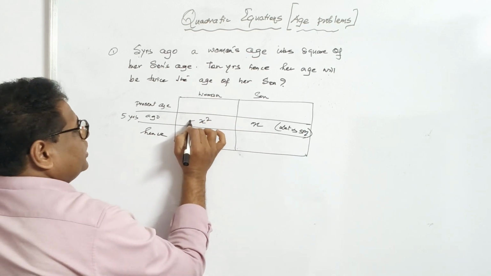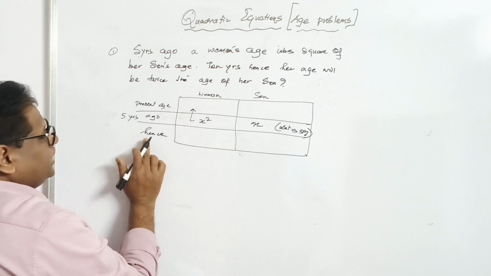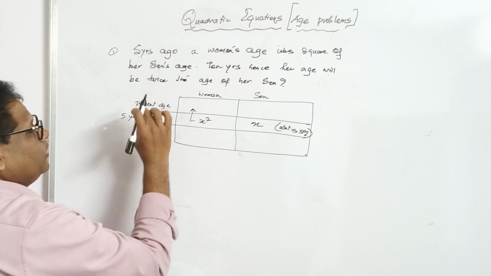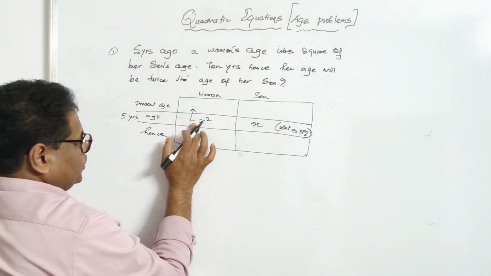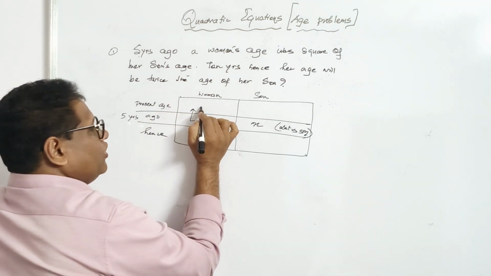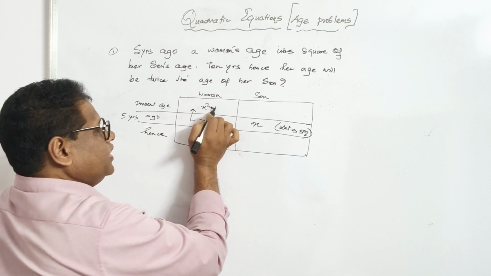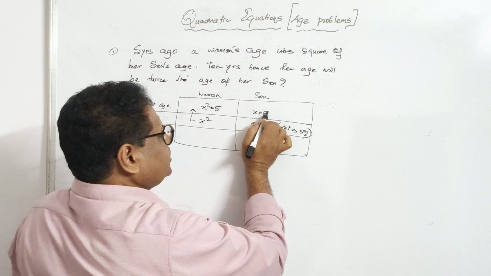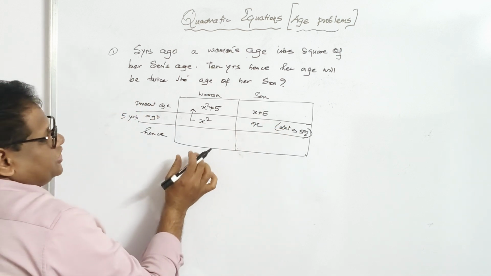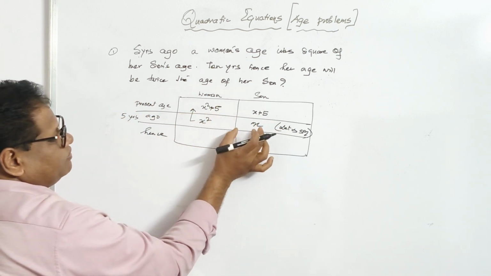Now let us come to the present age, because this will come only when you add the years to the age 5 years ago. What about the present age? We are going to write x square plus 5 and x plus 5, because the present age of the person will be plus 5 in this, plus 5 in this.